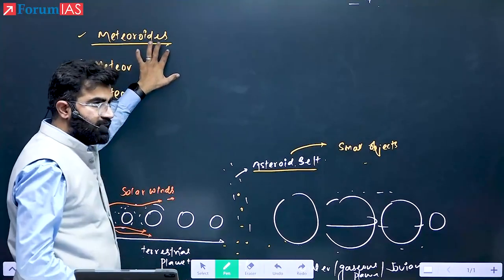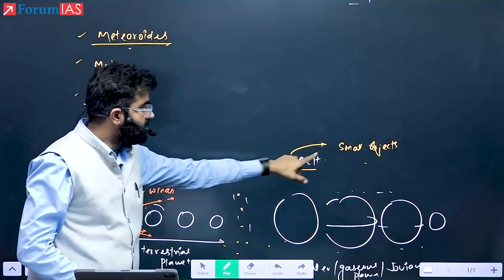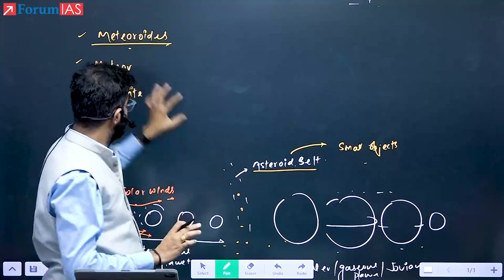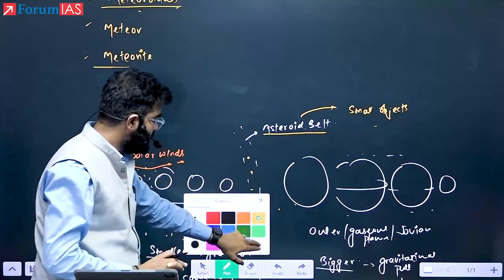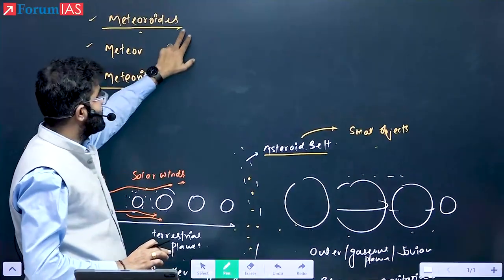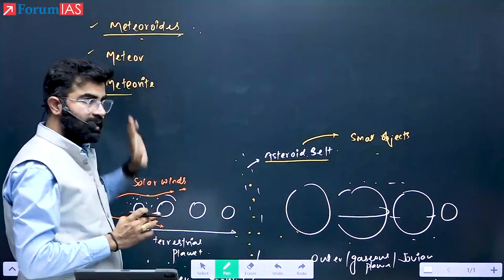Can we say these are nothing but small bodies which are created from the asteroids? So they are rotating here only. The meteoroids are celestial objects created from the asteroids. When the asteroids are colliding, the meteoroids can be formed.